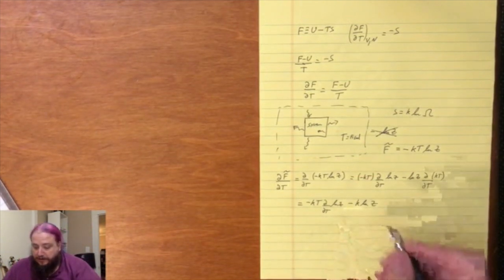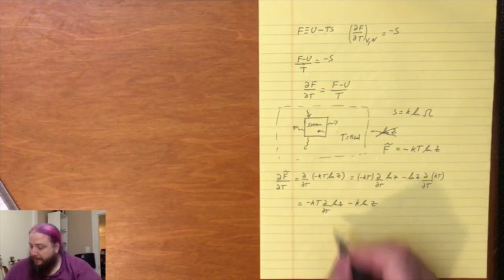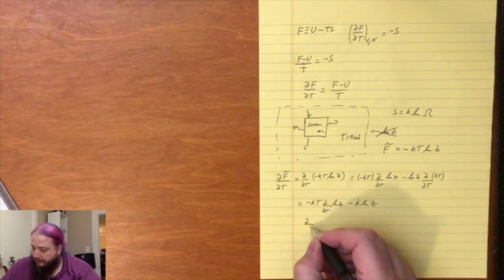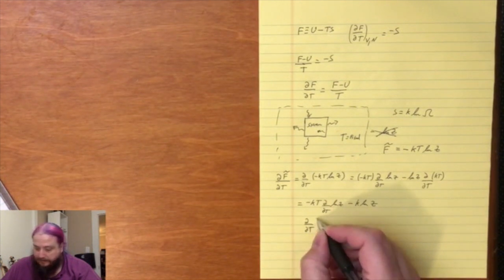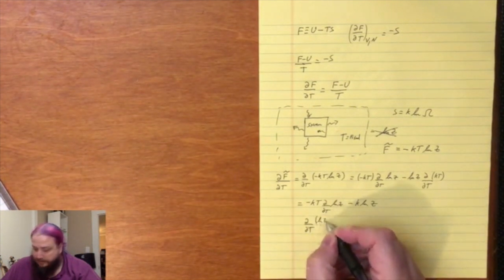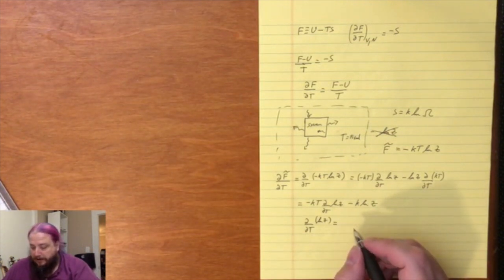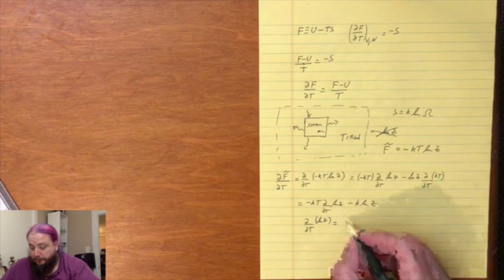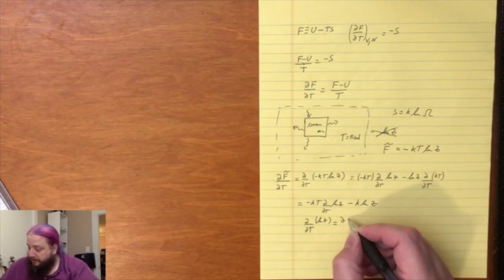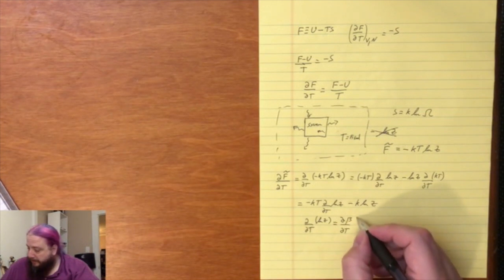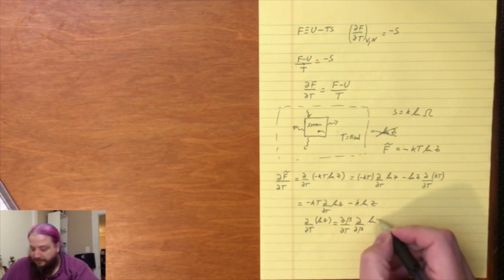All right, so d by dT of log Z is, by the chain rule for derivatives here, d beta/dT times d by d beta of log Z.